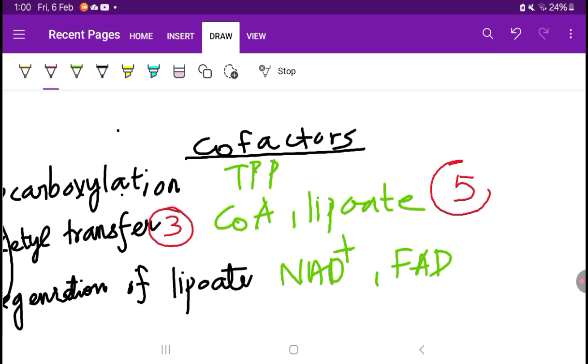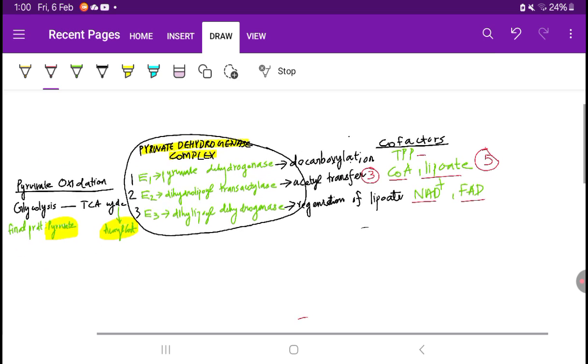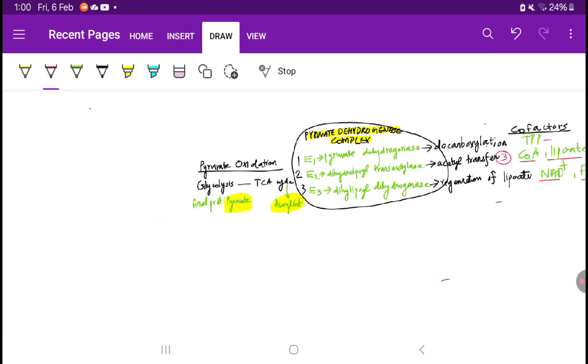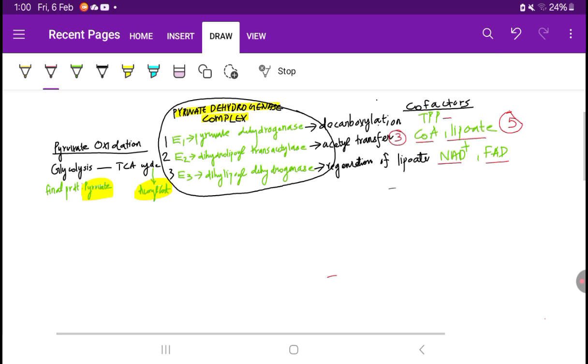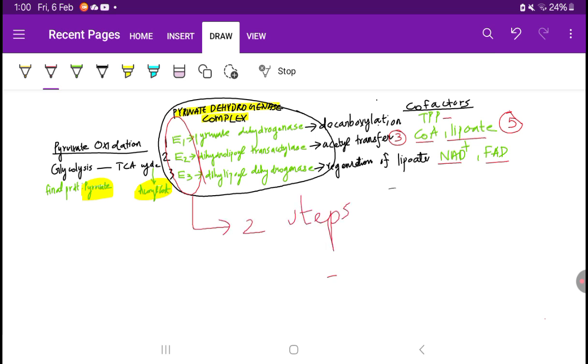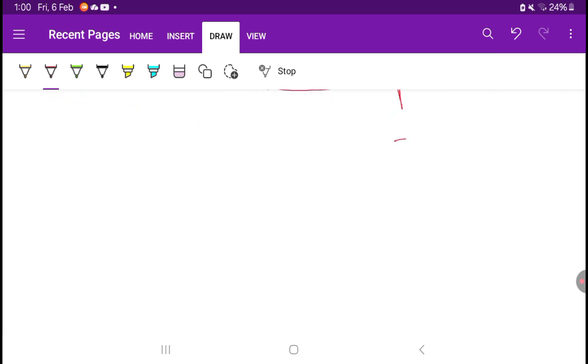What happens in this process is, in each enzyme, there are two steps that you should remember.